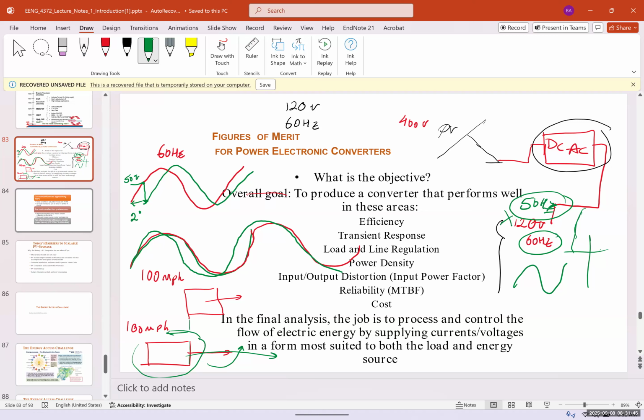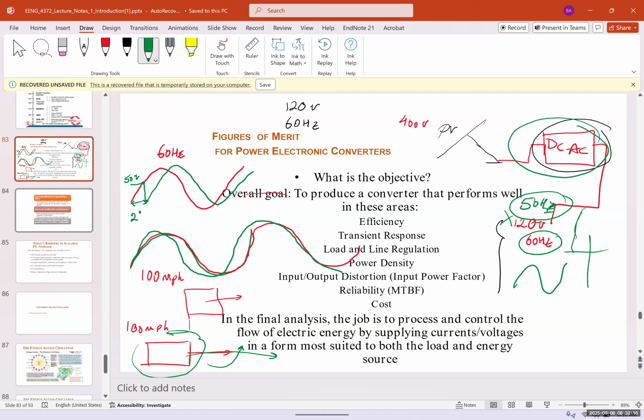But how we do it in a power plant is we control the input valves, and we control the amount of steam or gas exhaust that goes into the turbine. By controlling the gas flow speed, we can control the turbine speed and the generator speed, and we can control the frequency.